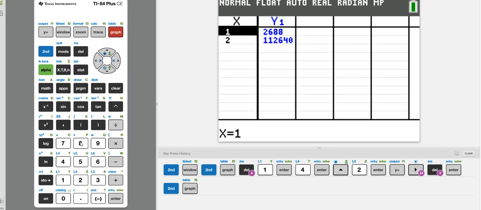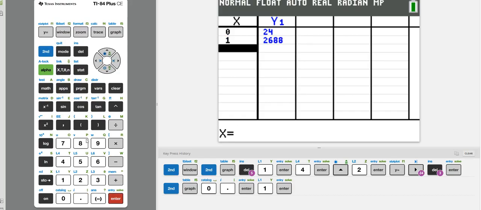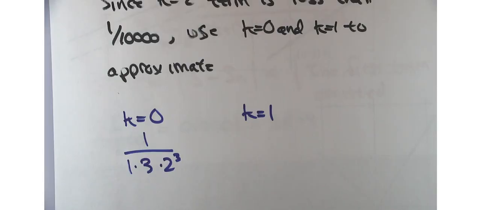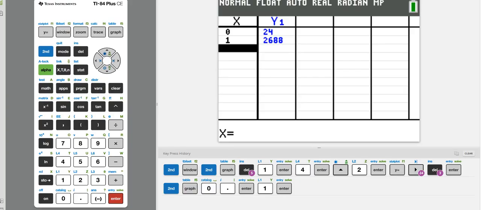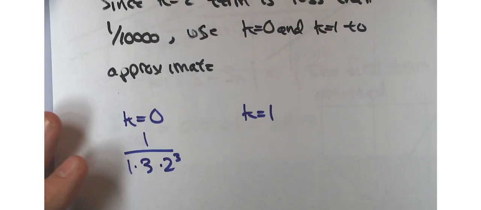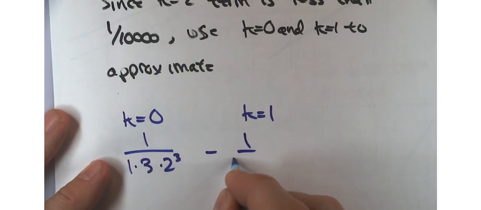So let's just do both of them, 0 and 1. So that matches what we got. So we got 1 over 24 and 1 over 2,688. Now there is a change of sign in there. So it's 1 over 24 minus 1 over 2,688.